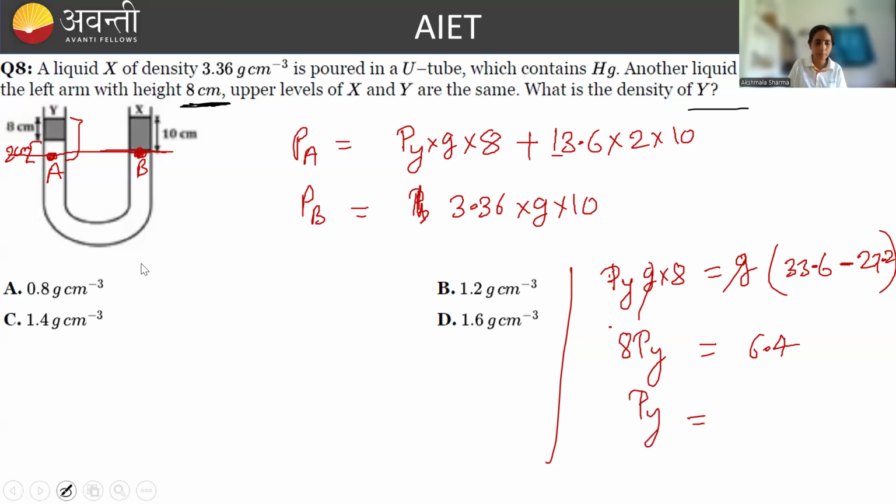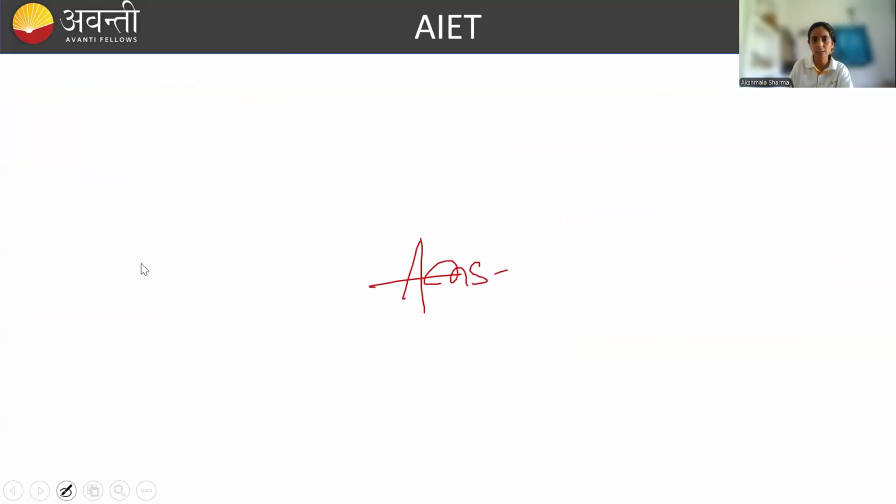So rho Y will be equal to 0.8 gram per centimeter cube. So this is going to be your answer. So which answer is it? A. So here you can write the answer is A.